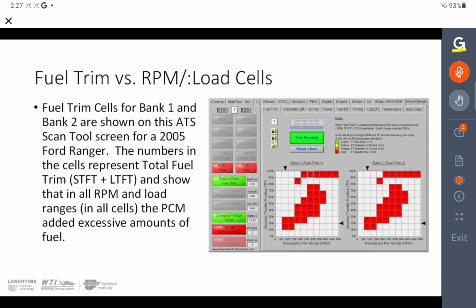So it was trying to add a lot of fuel to correct for an extremely lean condition under all conditions. And again, this was another fuel delivery problem, an extreme delivery problem, a pump that wasn't producing the right amount of pressure or volume, injectors that didn't have the right flow rate and weren't allowing enough fuel to go through.